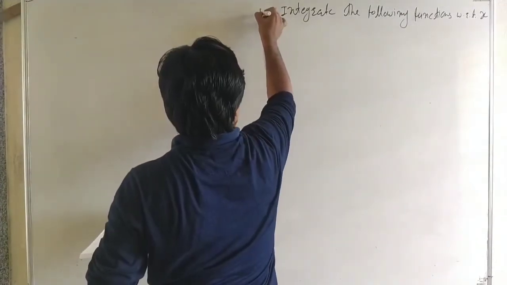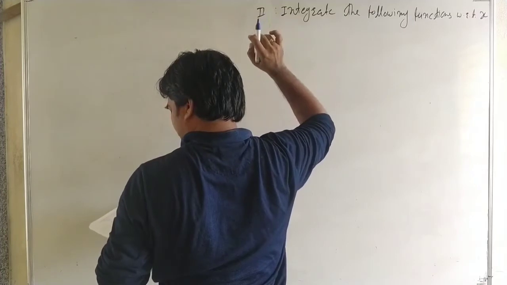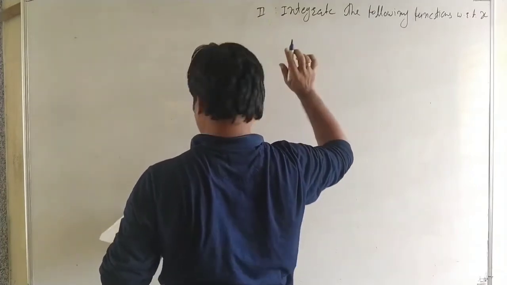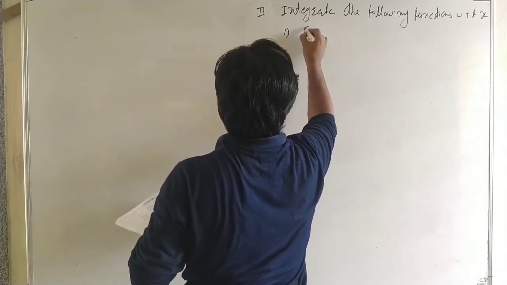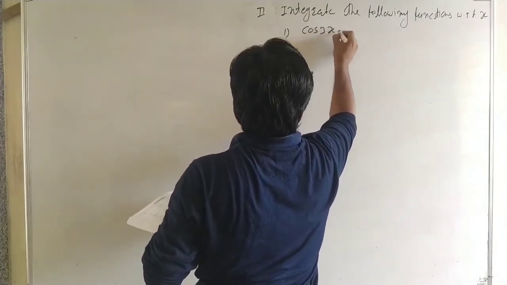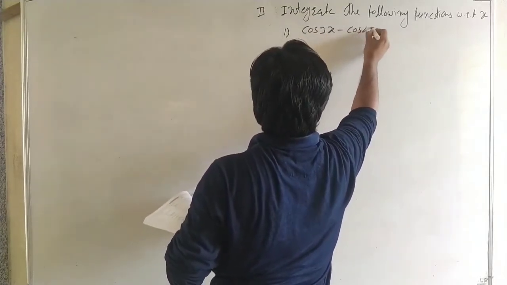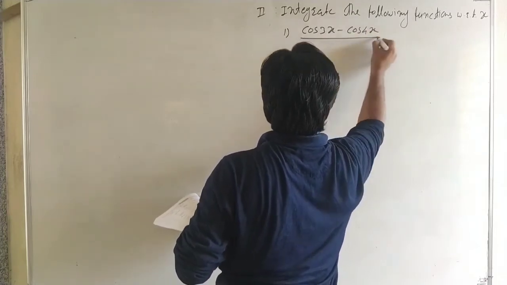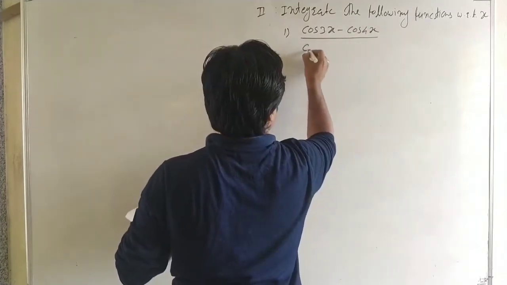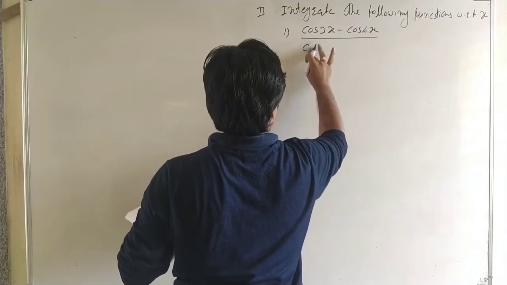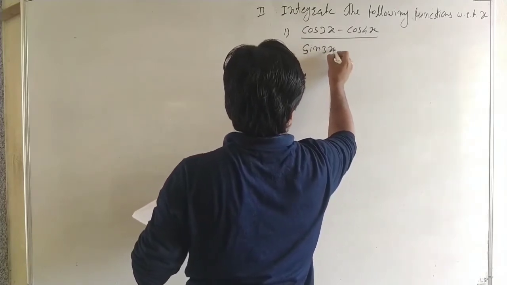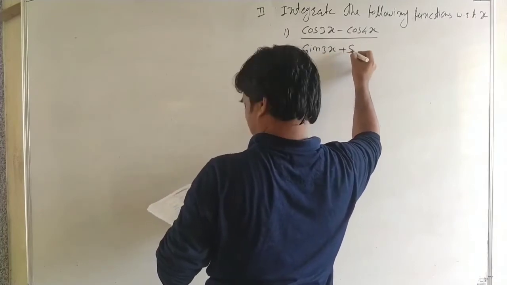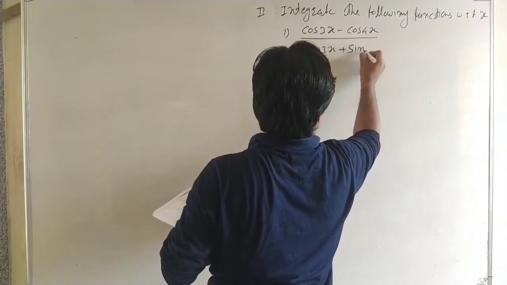Here, the second example in exercise 3.2: integrate the following with respect to x. First example: cos 3x minus cos 4x upon sin 3x plus sin 4x.